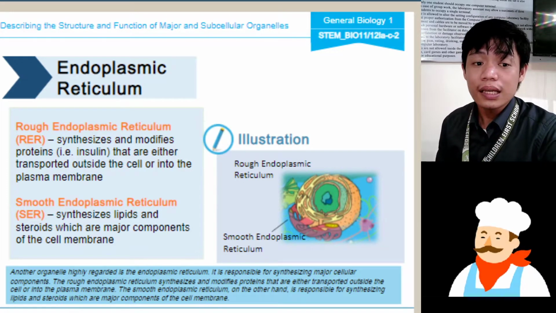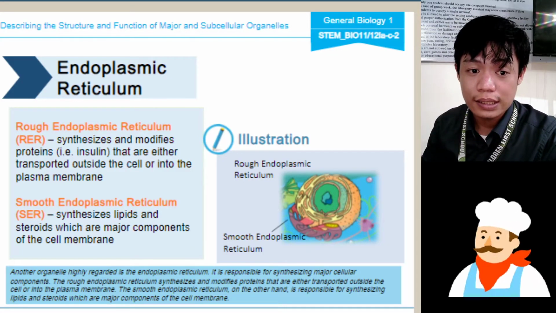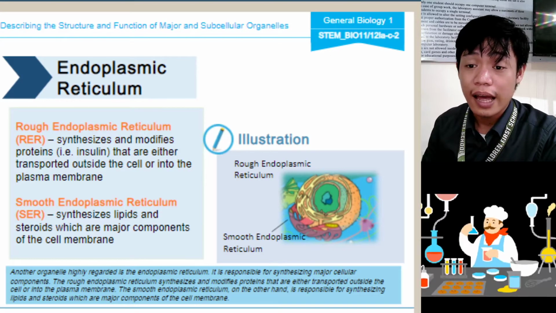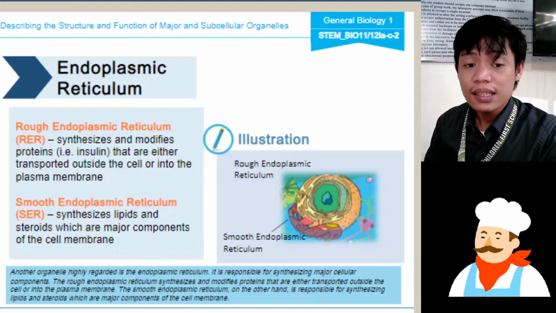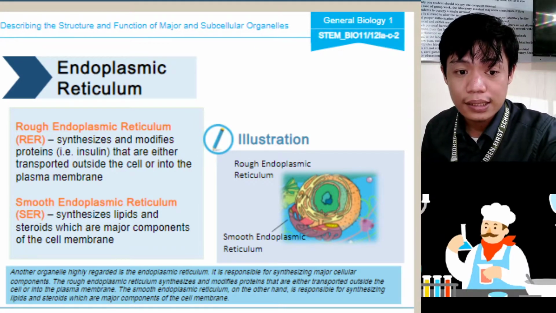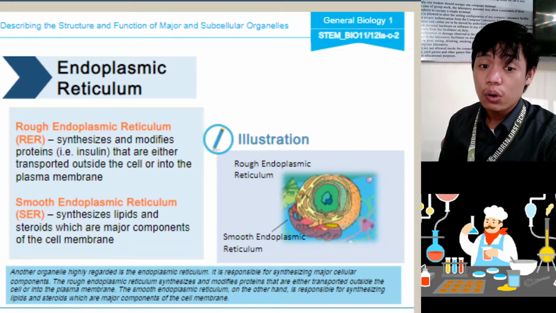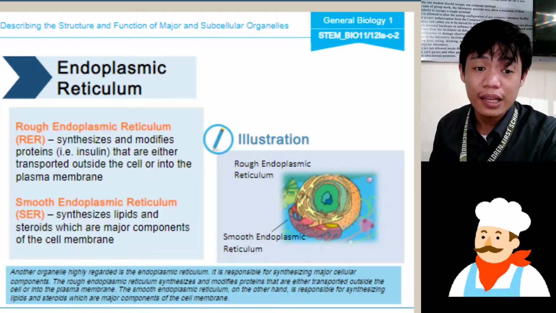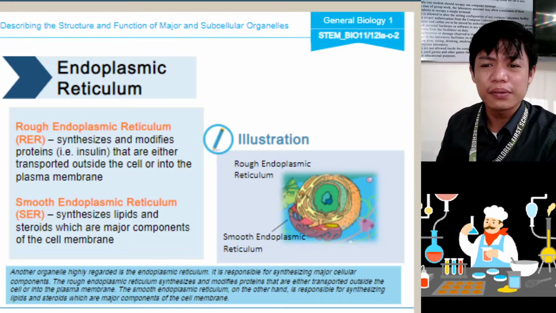The rough ER synthesizes and modifies proteins, for example, insulin. It synthesizes and modifies proteins that are either transported outside the cell or into the plasma membrane. So that is the function of the rough endoplasmic reticulum. How about the smooth endoplasmic reticulum?